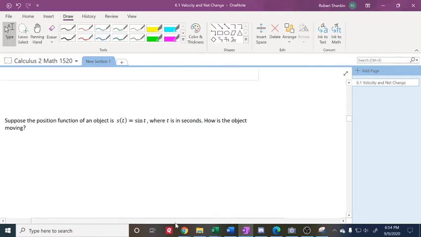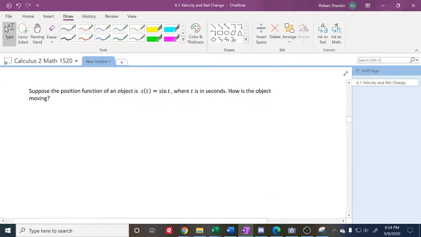And the problem is, suppose the position function of an object, s of t, is equal to sine of t, where t is in seconds. How is the object moving? And this might be a little trickier than it at first appears.